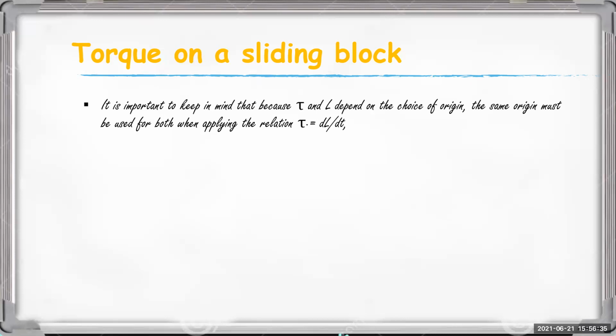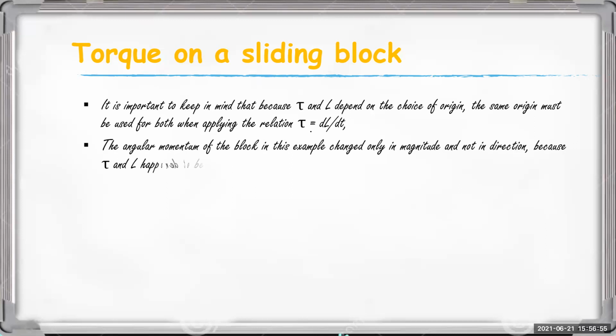If we consider tau A, in that case, we have to use the same point A to evaluate the angular momentum. The angular momentum of the block in this example changed only in magnitude and not in direction, because tau and L happen to be along the same line.